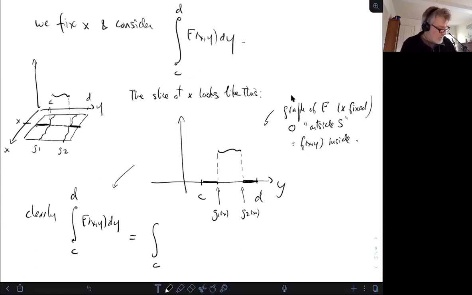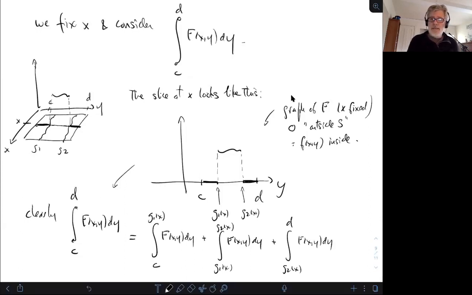Integral from C to G1 of X of big F, plus integral from G1 of X to G2 of X of big F, plus the integral from G2 of X to D of big F. Everybody's okay with that?